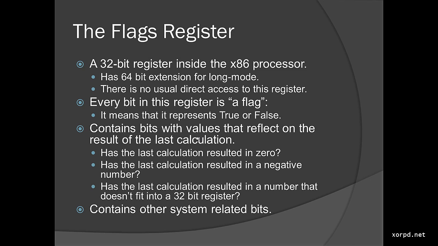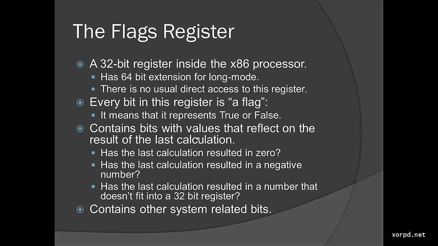The flags register. The flags register is a 32-bit register inside the x86 processor. Actually, as usual, it has 64-bit extension for the long mode. Although, I think that at least in this point, in 2014, the 64-bit extension for the flags register doesn't actually have any new flags.